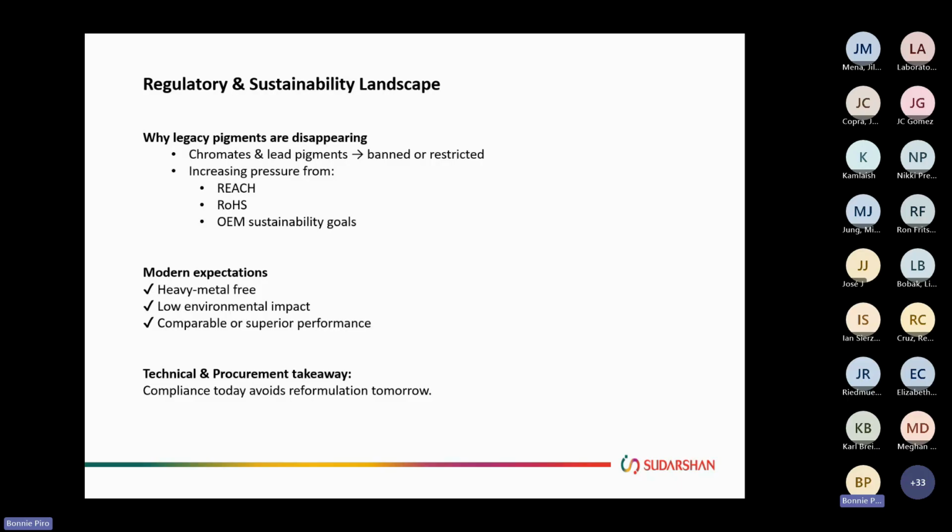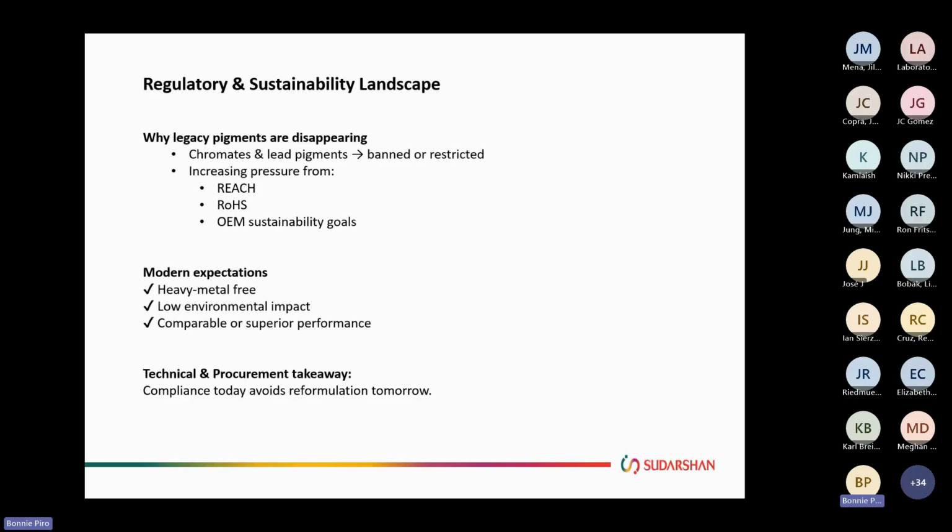And that does include anti-corrosive pigments. So in today's world, we're looking for heavy metal free types of anti-corrosives, those that have a low environmental impact. And we're still going to be looking for comparable or superior performance to those older usage type of pigments.